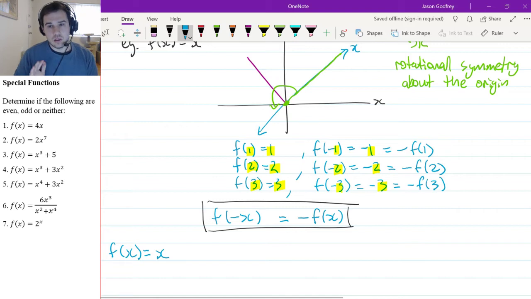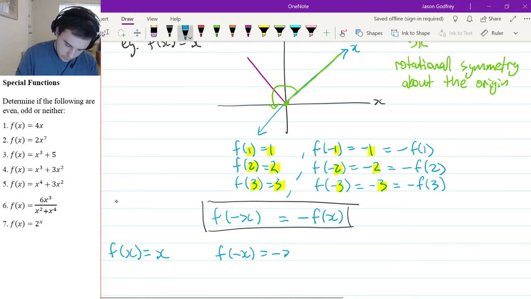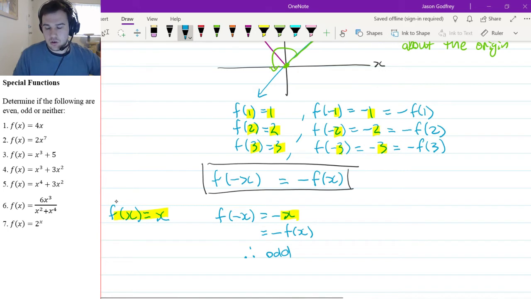Just like last time, we input negative x, so everywhere we see x in our equation, we replace it with negative x. And x was f of x, so negative x is negative f of x. So when you input negative x, you get negative f of x. Therefore we can conclude this is an odd function.